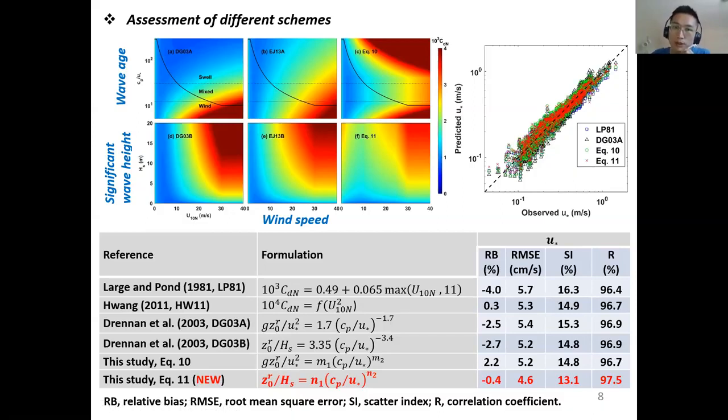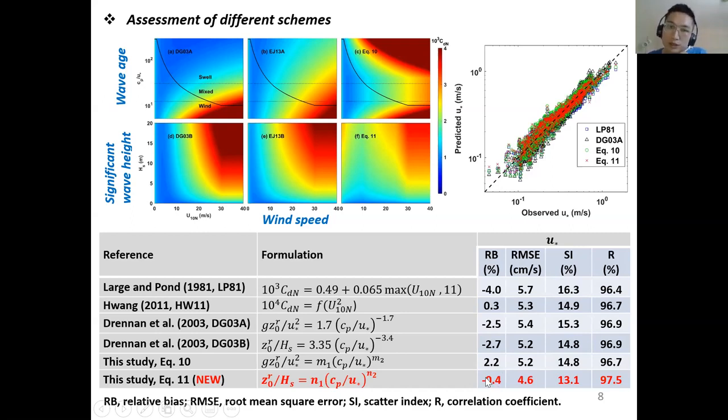And Huang's formula overall has a slightly positive relative bias due to the overestimation at moderate winds, as we mentioned previously. So in comparison with other schemes, for the new scheme here, also indicated by the red cross in this scatter plot, you can see the data spread closer to the perfect fitting line, and the error for this scheme is much smaller than others.